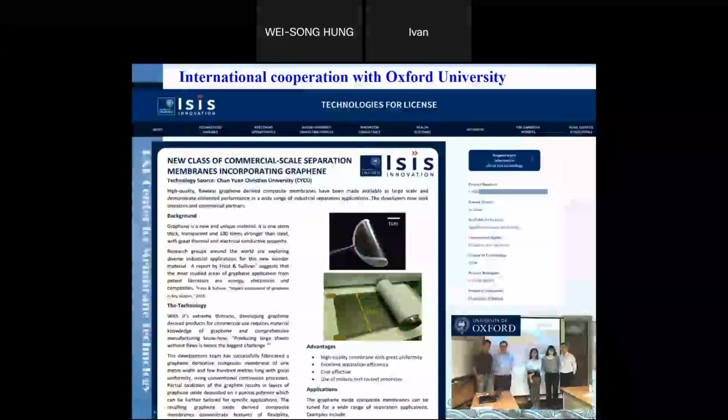And Oxford University also helped us announce our technique on their website to show the graphene in our lab. The graphene membrane is not just at the lab scale. We also can scale up by roll-to-roll casting, and it can easily be used for industry application.